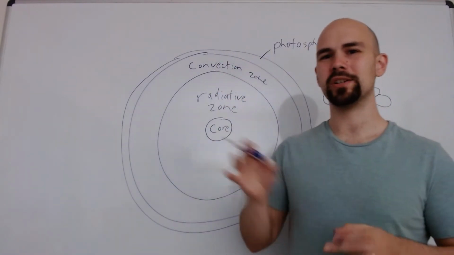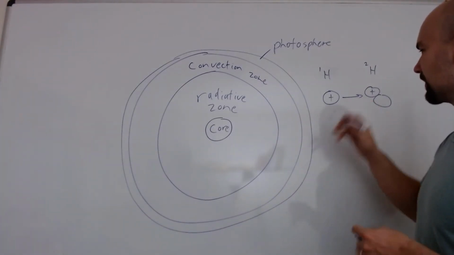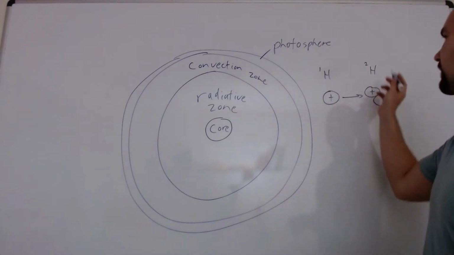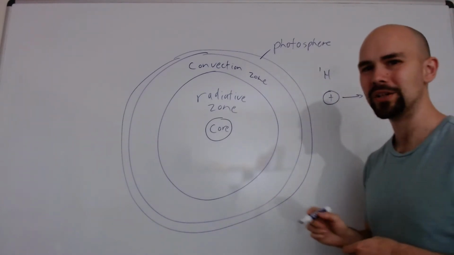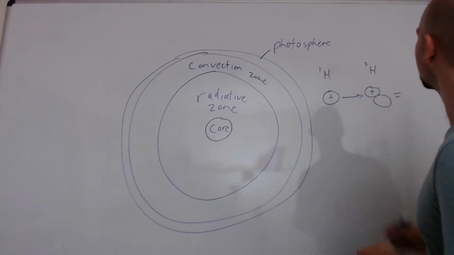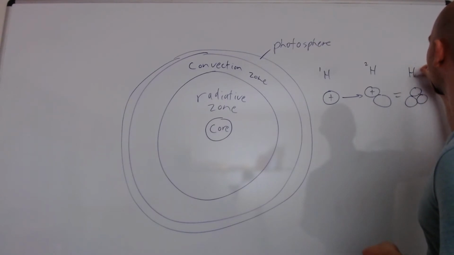It's going to be vibrations, and in this case, bouncing around and going everywhere. So there's a lot of bouncing and a lot of collisions, and when hydrogen 1 and hydrogen 2, without their electrons, strike each other in the right way, then they'll fuse together into a helium-3.